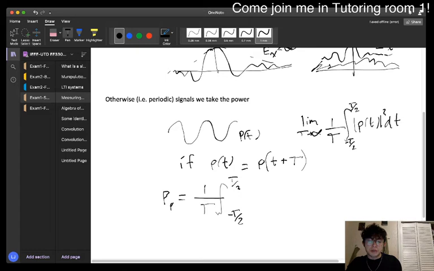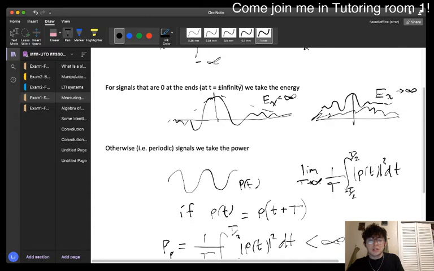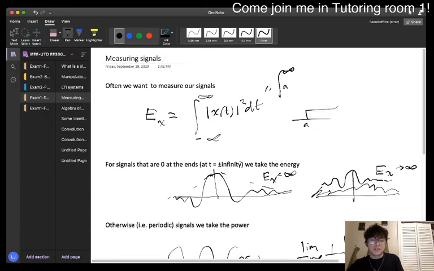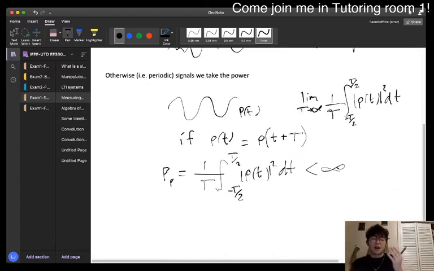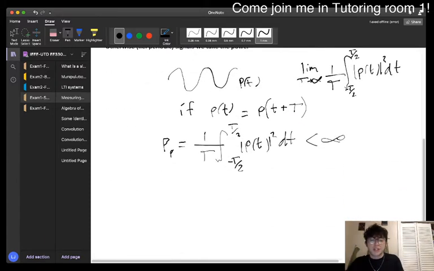This is true for any period of the signal P of t, for dt. That's power. If this is finite, then it's what we call a power signal. If this energy, E of x, is finite, then it's what we call an energy signal. And no signal can be both an energy and a power signal.